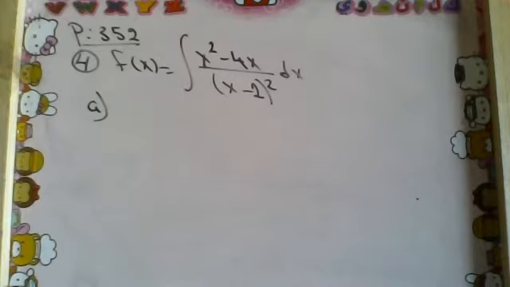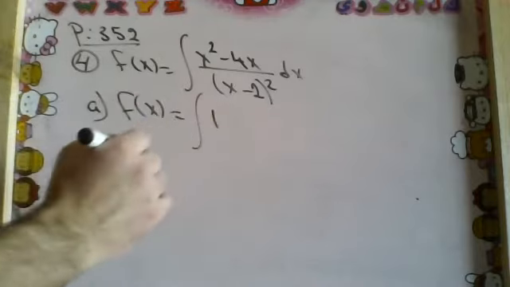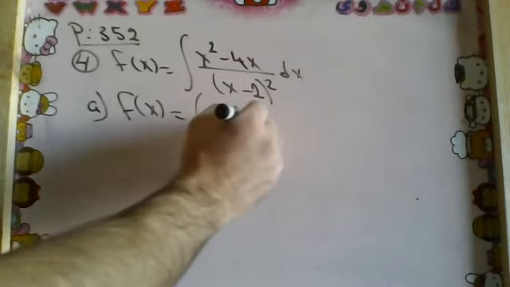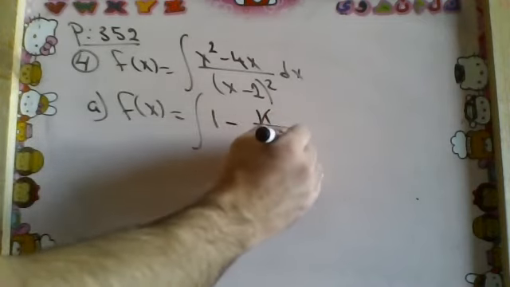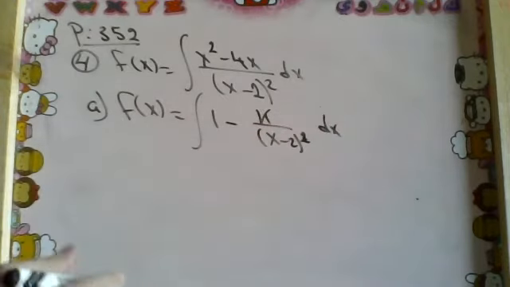Show that f of x is equal to the integral of 1 minus k over x minus 2 squared dx, where k is a constant to be determined.